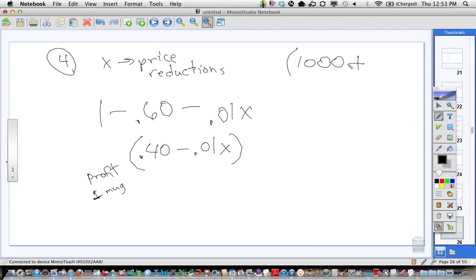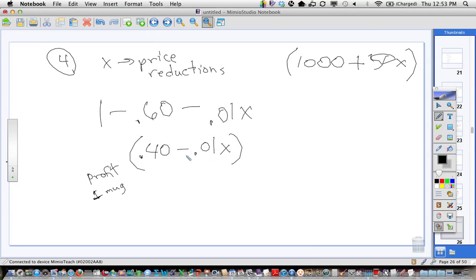How many mugs? 50 for every price reduction. And that's why it was smart to choose X to be the price reductions, because everything was based off the price reductions. My profit on a mug is dependent on the price reductions, and how many I sell is dependent on the price reductions. So we let X be the price reduction. So that's going to be how many I sell right there.